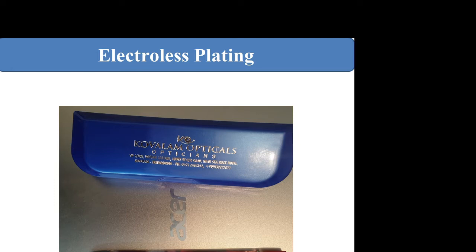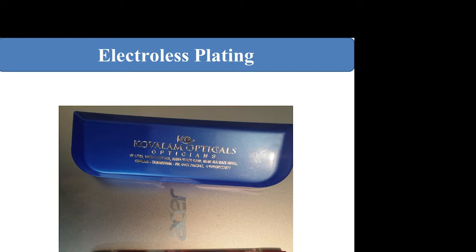This pen, a 10 rupees pen, this part, the end cap near the tip, is actually a plastic material coated with nickel. For coating nickel, first we have to coat palladium, and then we have to coat copper over that, and then over that we coat nickel. So this part is an example for electroless nickel plating.